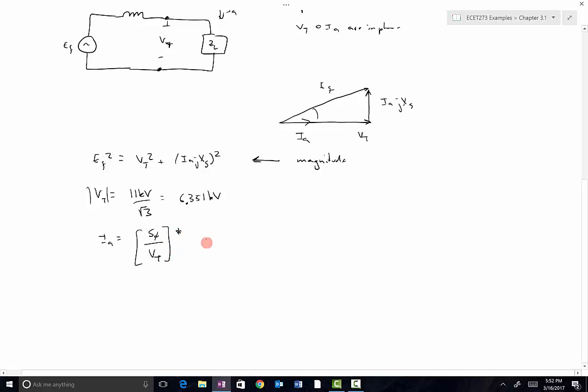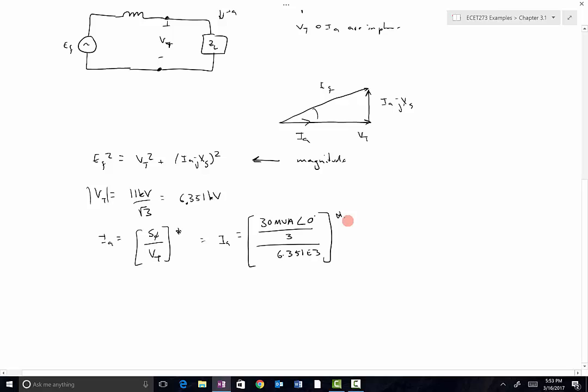So IA is going to be equal to the single phase power, which was 30 MVA. The power factor was 1, so we know that it's at an angle of 0 degrees. We divide that by 3, which gives us single phase power. Now we need to divide all that by the terminal voltage, 6.351 times 10 to the third.